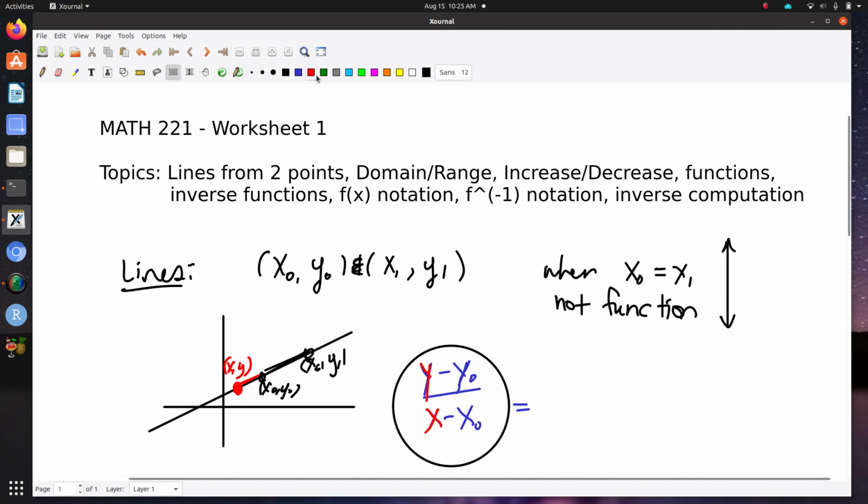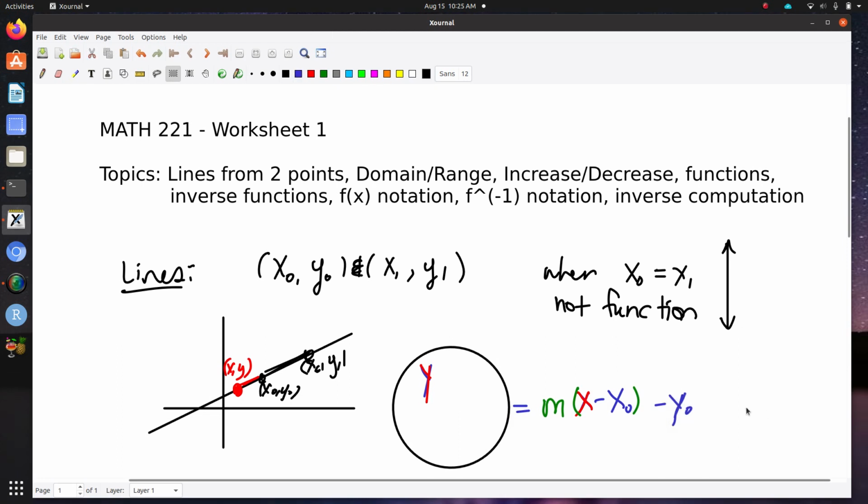So I'm just going to replace this whole mess with the letter m, that means slope, and then I'm going to put this expression that's in the denominator, this just ends up right there, and then I'm going to say, oh wow, I'm just going to move this guy over to the other side. Ding! But when you move stuff to the other side, you got to change the sign, so I'm going to turn that into a plus, of course, and then I've got myself solved and we're ready to go.